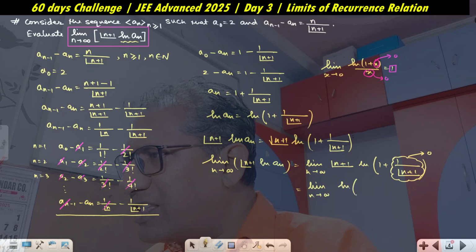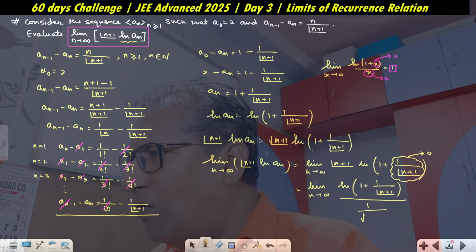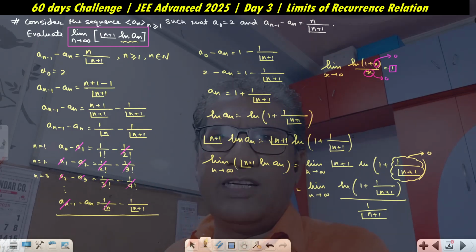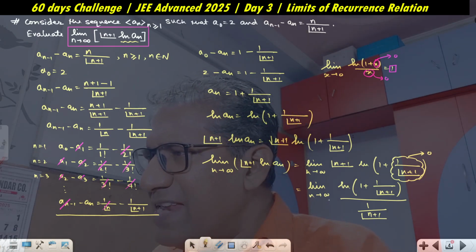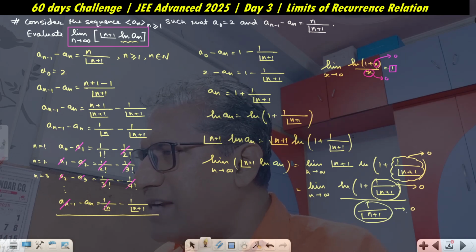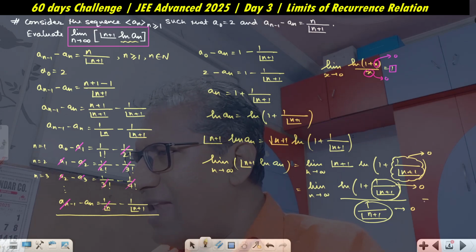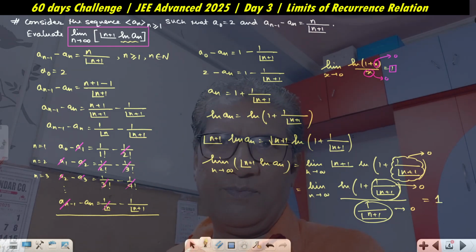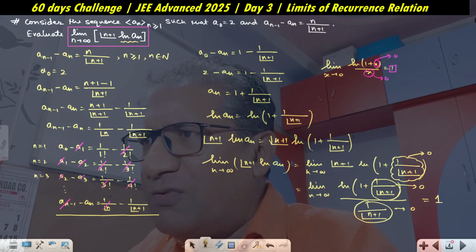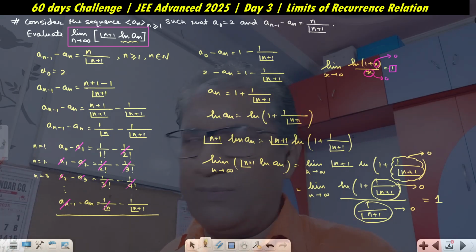So I will simply take this factorial n plus 1 in the denominator in this way, 1 over factorial n plus 1. Is it clear? Now, as n is tending towards infinity, this is tending towards 0, and the same thing in the denominator is tending towards 0. Therefore, the value of this limit is 1. Have you understood this? Is it clear to everyone? So this is actually another flavor of recurrence relation.